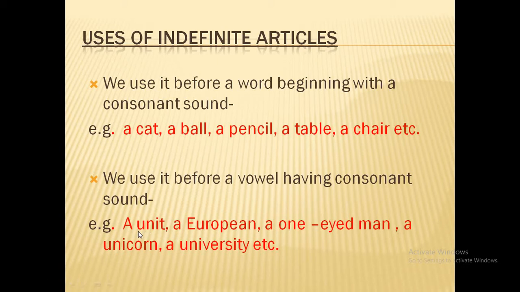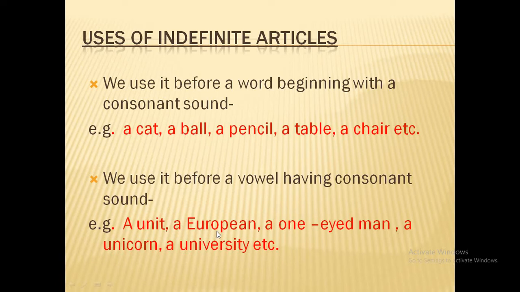It gives us the sound of U. So U does not come in your vowel sounds. That is why we put a before a unit, a European. It is not pronounced as a. It is pronounced as U. And the sound U is not there in the vowel sounds. So that is why a European.